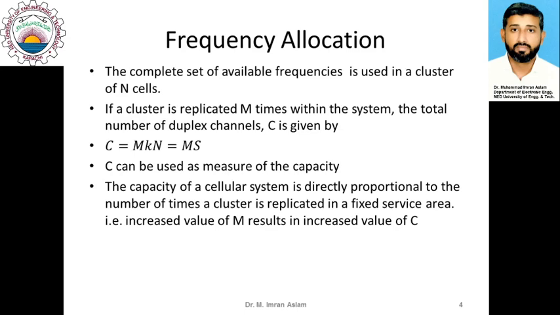So you can see that this total number of channels depends on this number M, because if we increase the number M, that will end up with a proportional increase in the capacity of the cellular system.